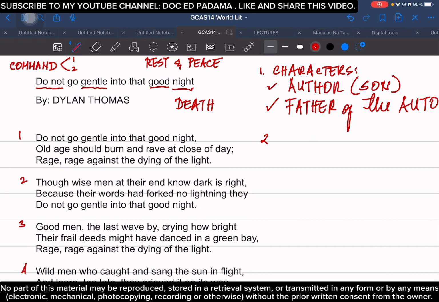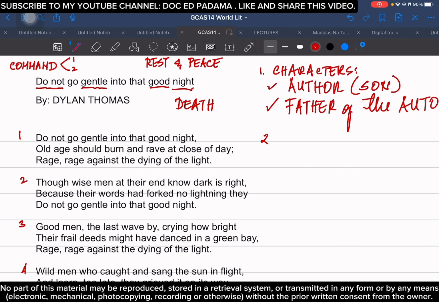So when you look for the definition of gentle, this refers to something that is done with kindness, with care. Okay, so ibig sabihin mahinahon, hindi yung magaspang o magaslaw o hindi agresibo. Okay? So that is what we use when we define gentle.